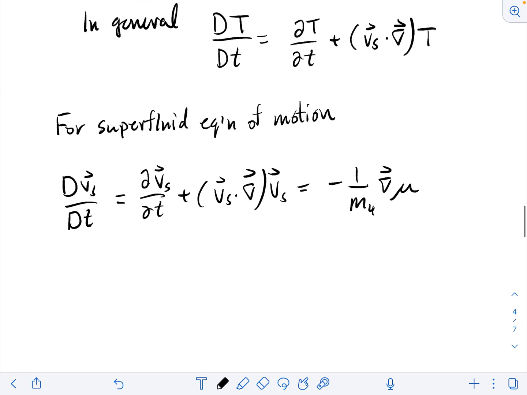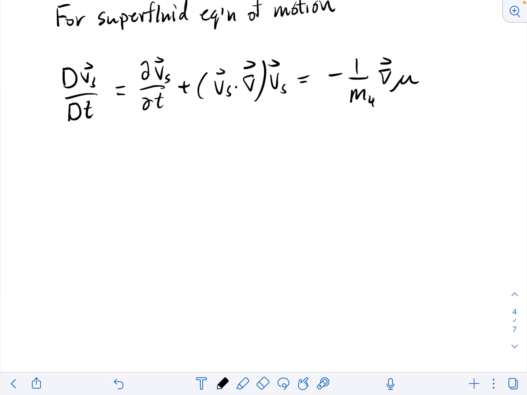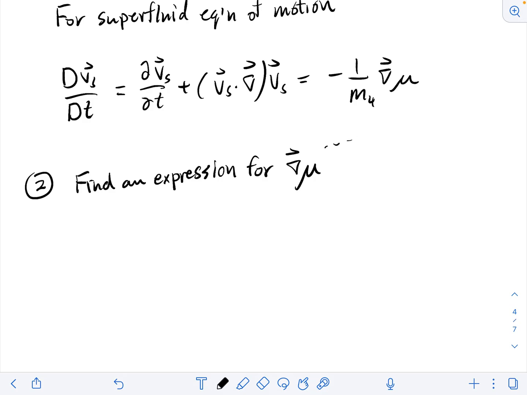Okay, so next we want to go to part 2 of what we were planning to do, and we're going to try to find an expression for the gradient of the chemical potential which appears in the equation of motion.